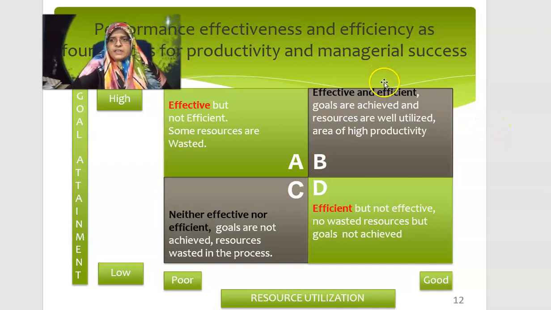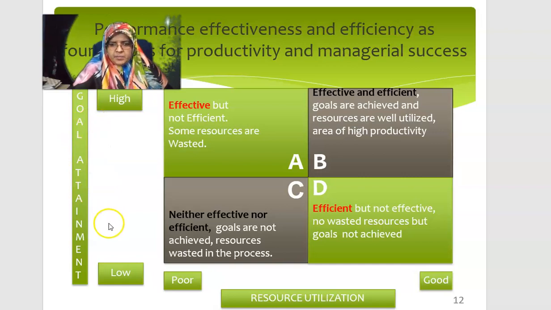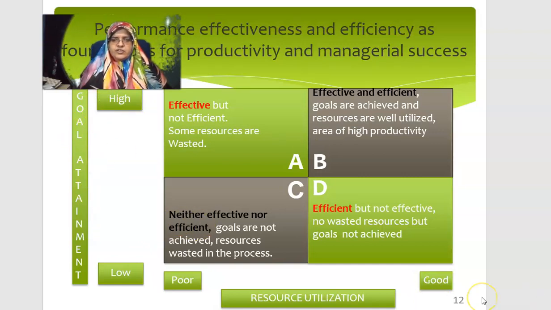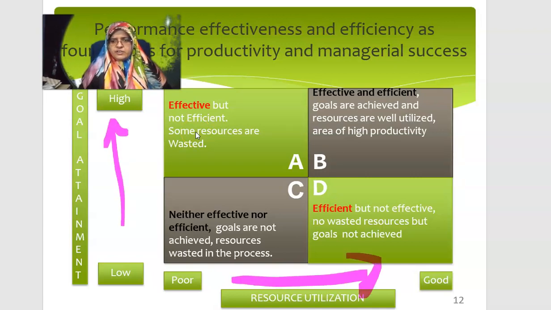For productivity and managerial success, you can look at A, B, C, D. You can see the bar, goal attainment, how they achieve the goal, and resource utilization.